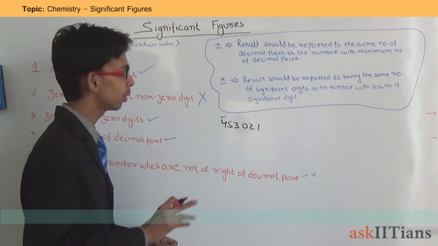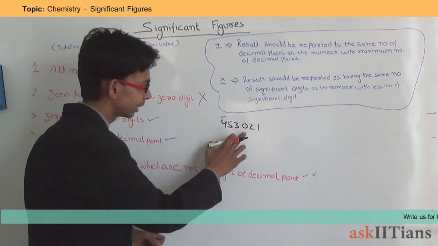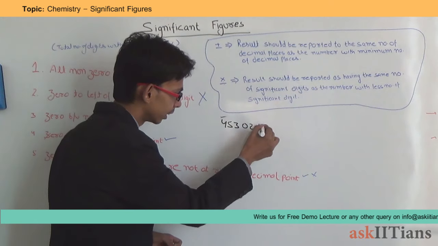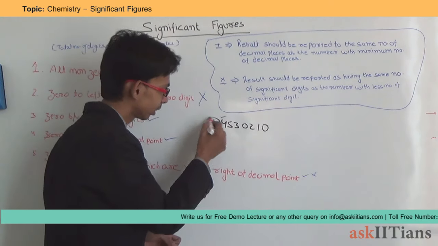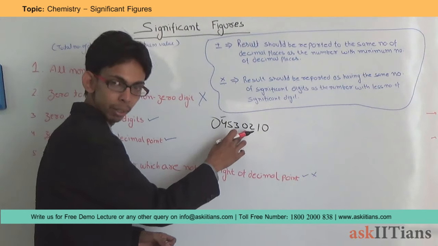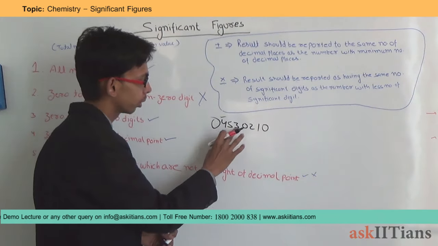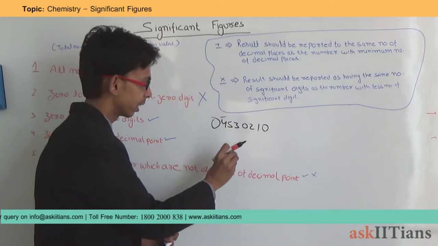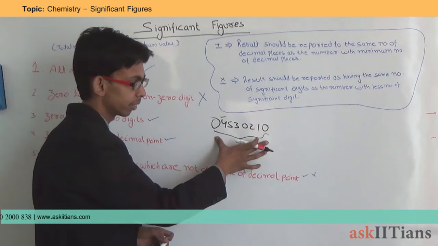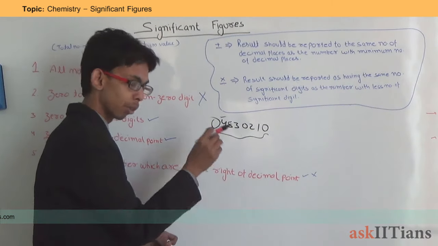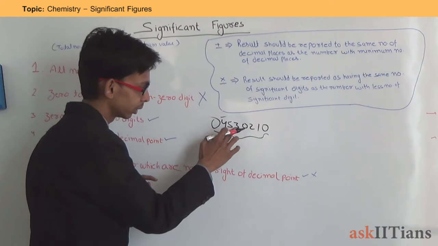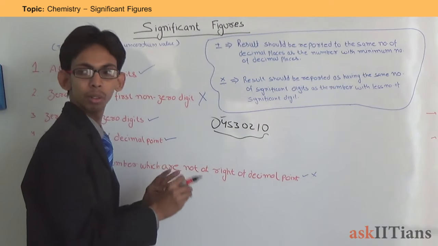So the question is about 0. Is this 0 significant, or is this 0 significant, or is this 0 significant? We have to discuss these zeros only, because we know that all non-zero digits are significant figures. We don't know the total number of significant digits here, but by our first point we know that there are 1, 2, 3, 4, 5 non-zero digits.